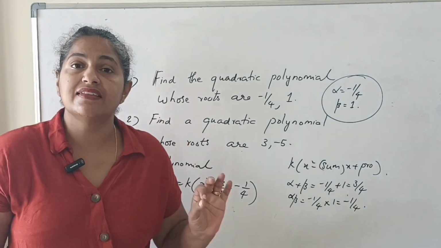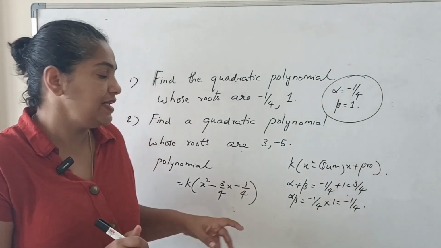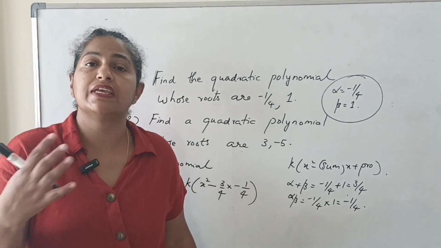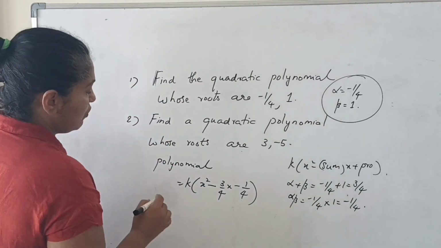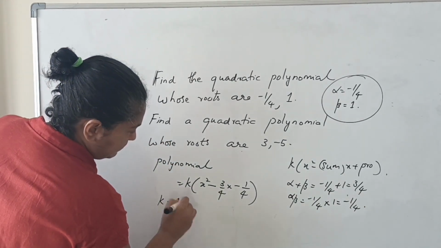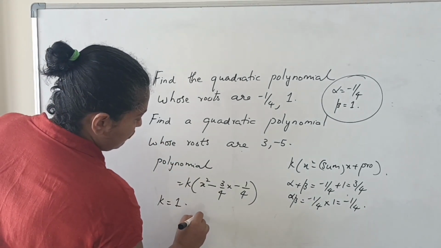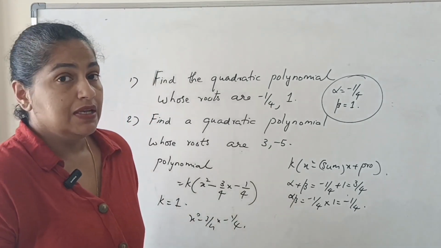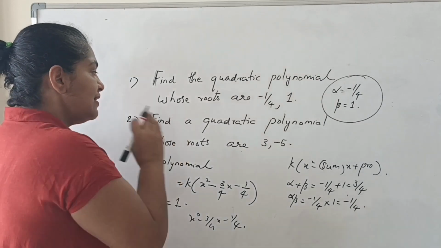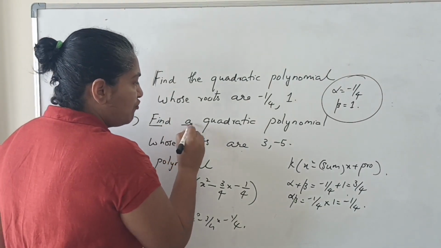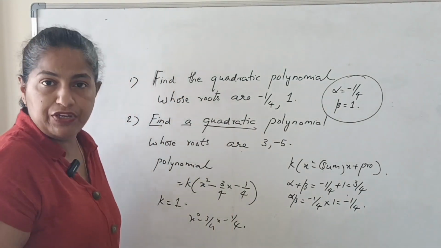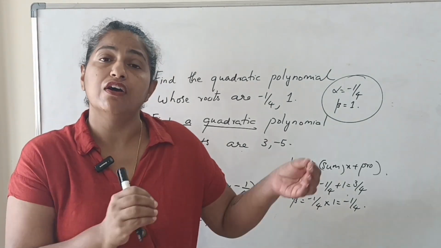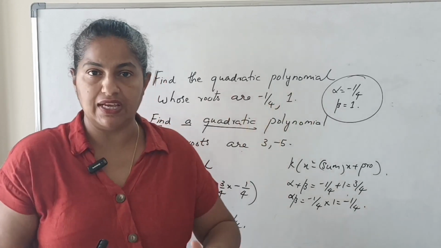The k stays there in the answer. So, you will write this is the required polynomial and depending upon the value of k, we can have many polynomials. For example, when k is equal to 1, the polynomial becomes x square minus 3 by 4x minus 1 by 4. Clear? Now, in the second case, the question is find a quadratic polynomial, which means that they are expecting you to substitute one value of k and give the answer.